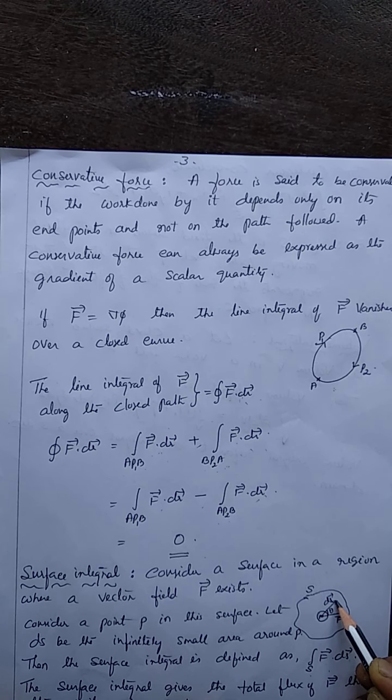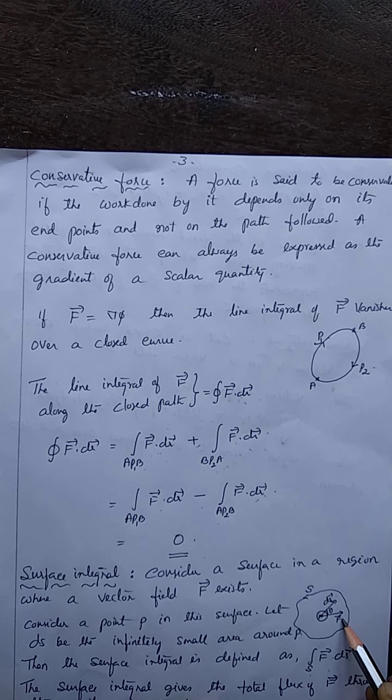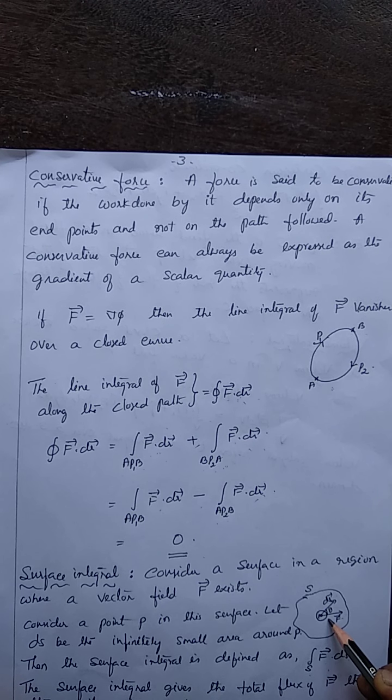This is the normal drawn to the surface, and this is the direction of the vector field in that region. This normal dS makes angle theta with the field direction. So the surface integral about the point P is defined as the integration of F vector dot dS vector about this surface, and about the whole surface.